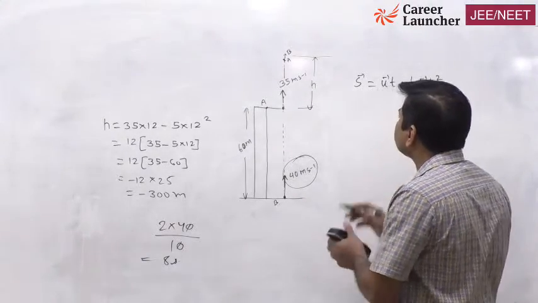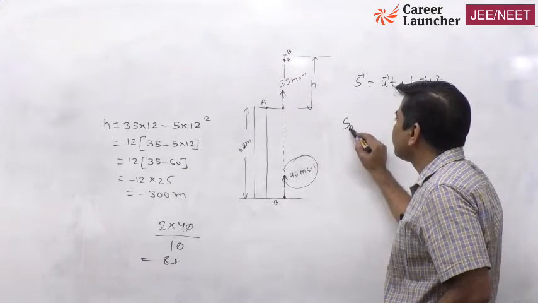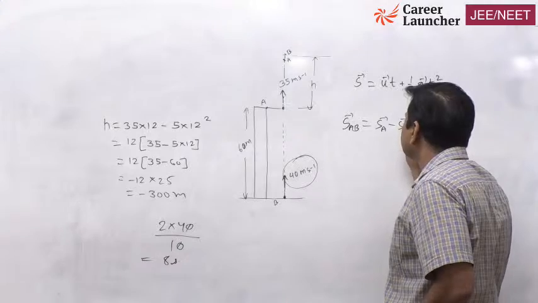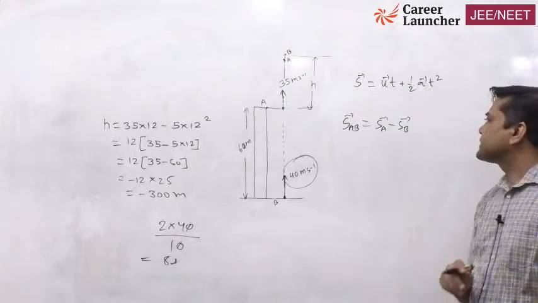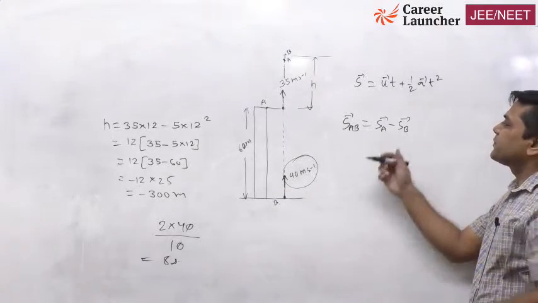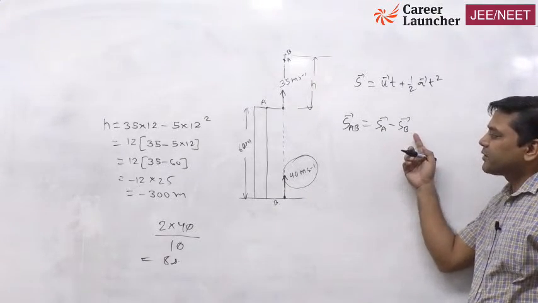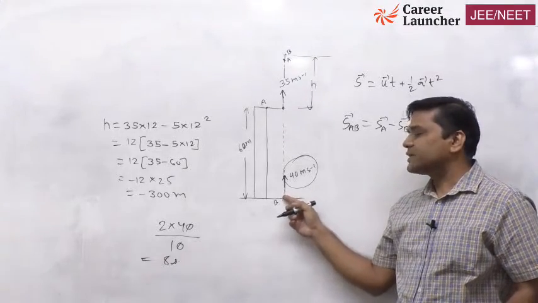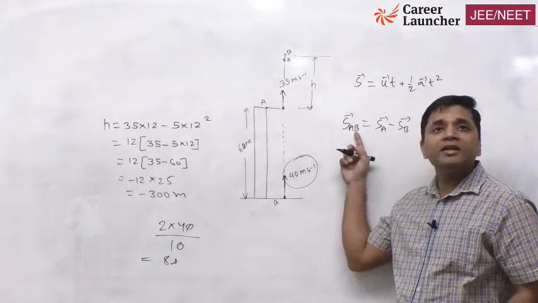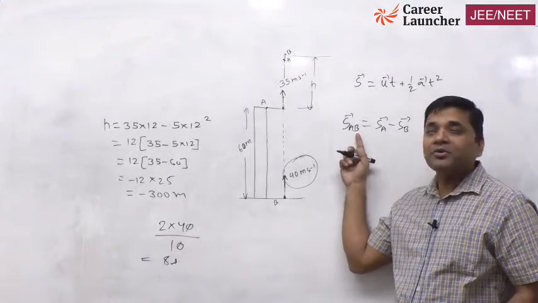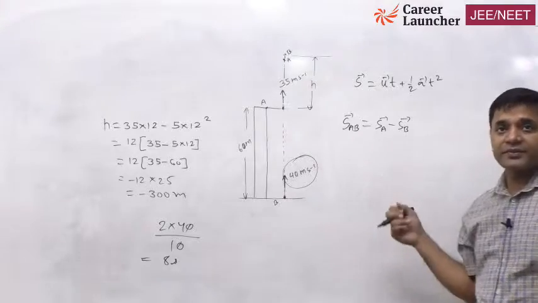We'll write S_AB, that means SA minus SB, called displacement of A with respect to displacement of B. B itself is always stationary because it's an observer in this case. Later you come to know how to solve it mentally. Let me write this first.